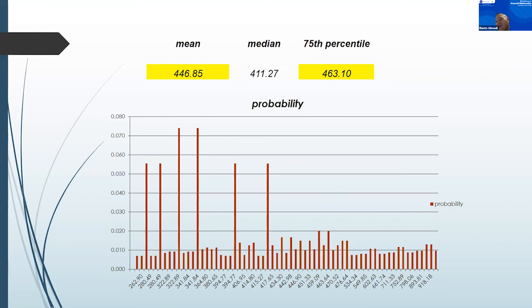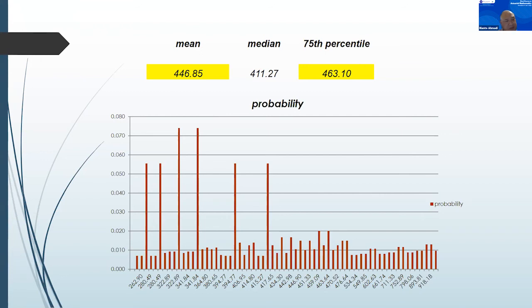So how much money does the company have to allocate for this policy? How much asset does the company need to keep in the balance sheet to be able to deal in the future with this policy? Well, the question is, what kind of probability of coverage do we want to have?